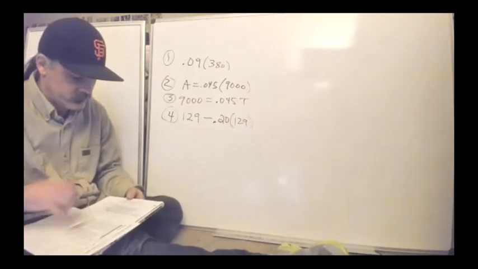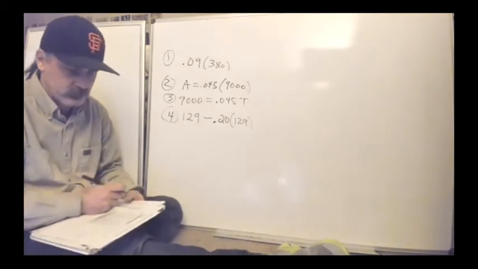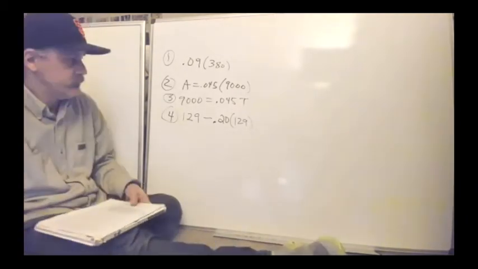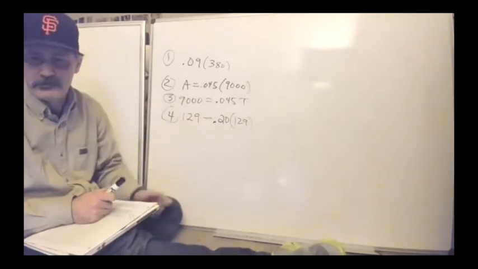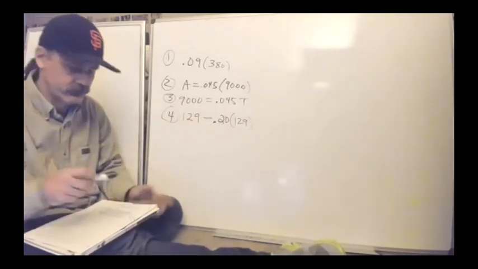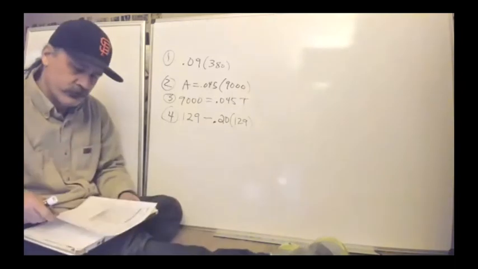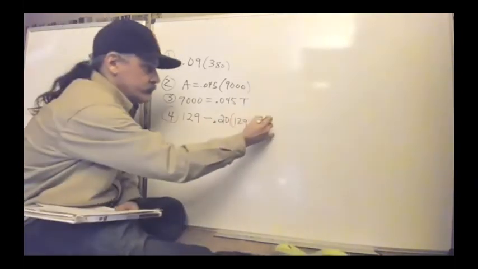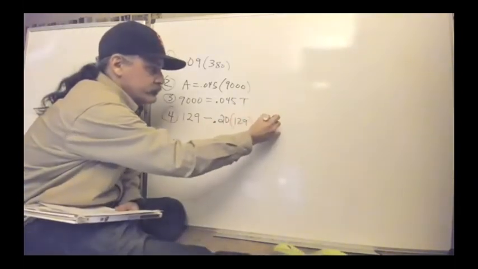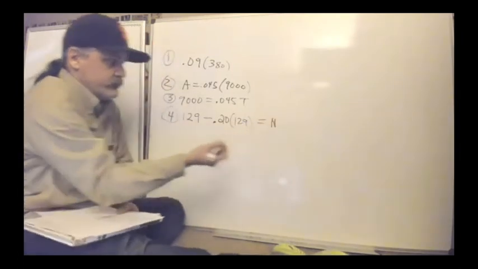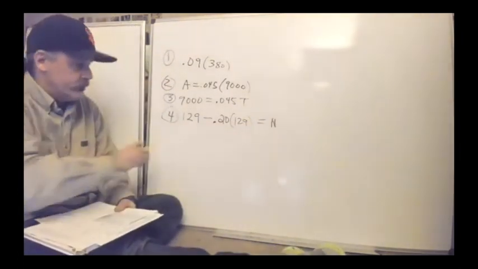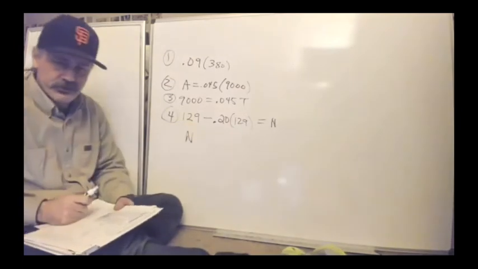That can be a little tricky, even if it's just multiplying and subtracting or multiplying and adding. When you do that, you get a number, and I'll just call it N, and that is what you're going to pay tax on.